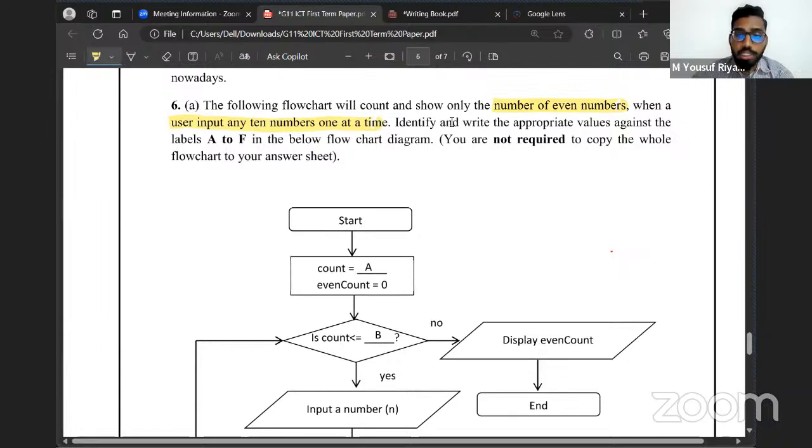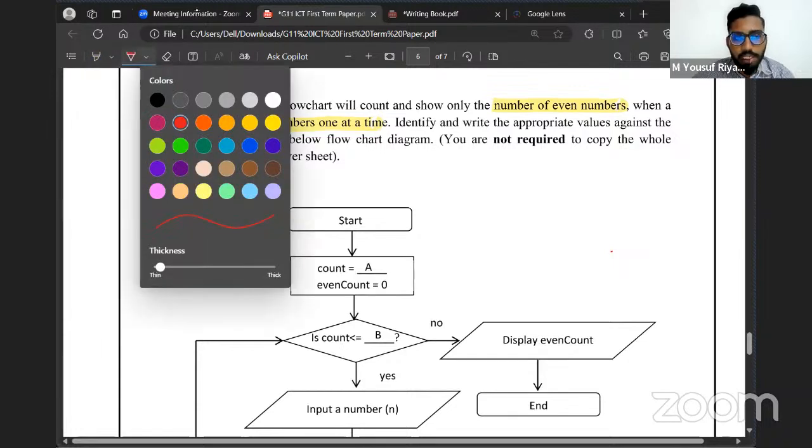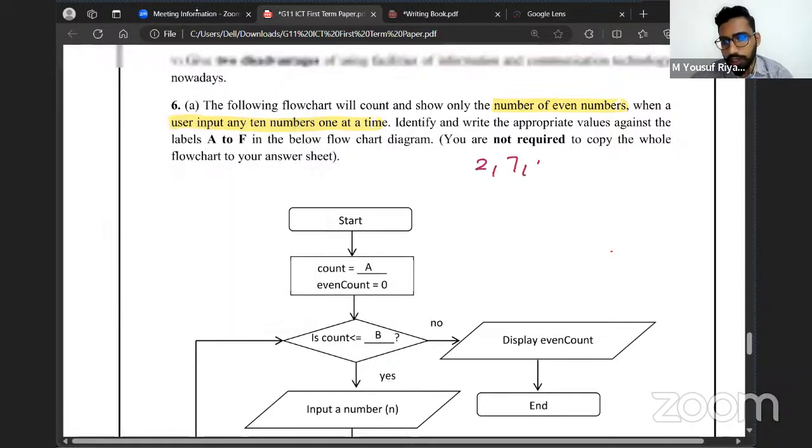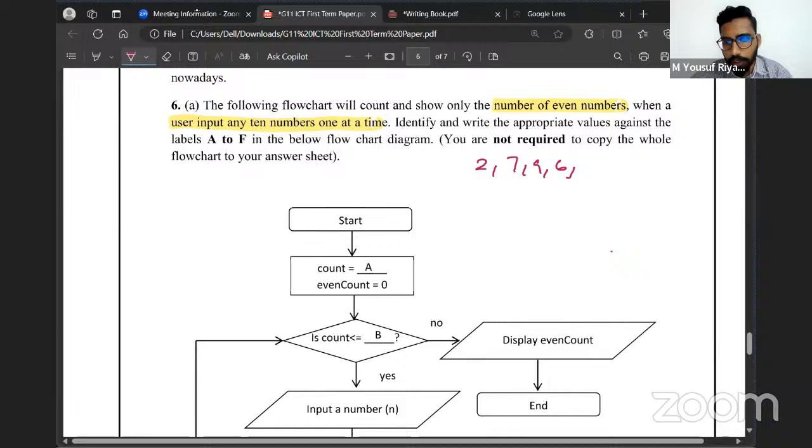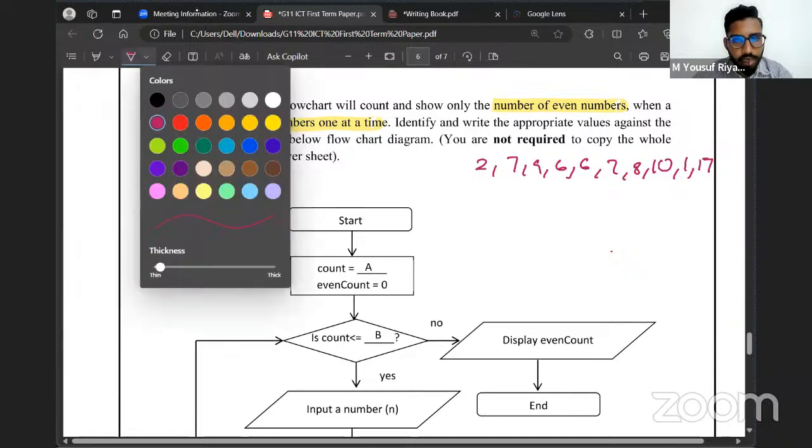Right. So what happens here is you're going to enter 10 numbers. It can be any 10 numbers, for example 1, 2, 3, 4, 5, 6, 7, 8, 9, 10. If you enter 10 numbers, it will count the number of even numbers you have entered.